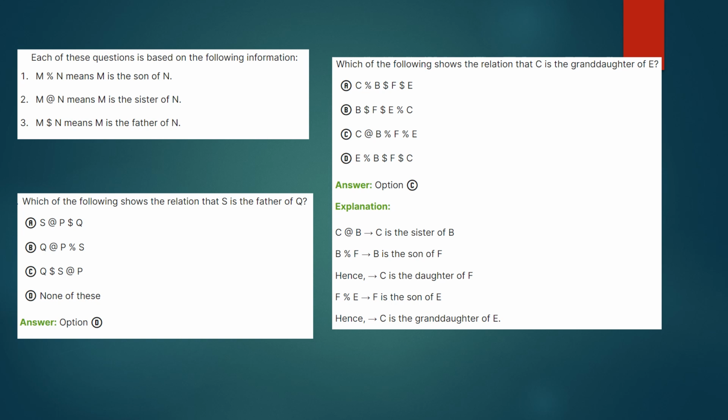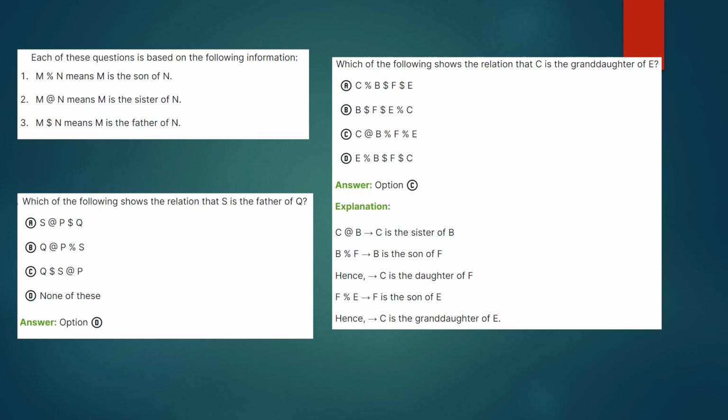Dollar sign indicates that P is father of Q. Yes, if P is father of Q and S indicates sister of P, it means that S and P are brother and sister, and then we have here P and Q related by the father relation.